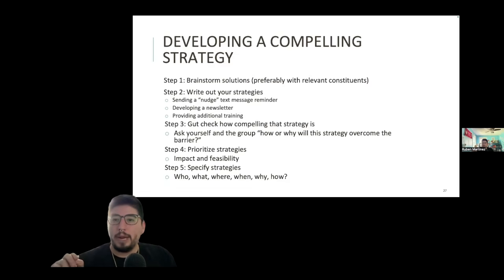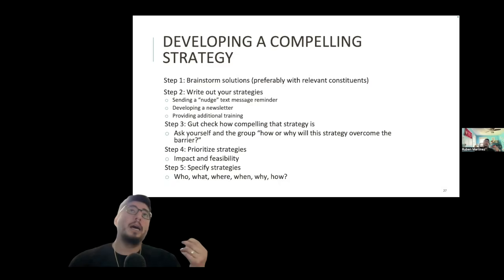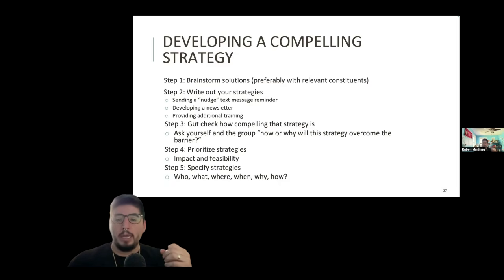doing that strategy. So as an example, if we did have something like an attitudinal barrier, right? And one of the suggestions is, well, what I think we should do is have a group meeting about this, and as supervisors, we should tell them how much we want them to do it. You would ask, how or why is that going to overcome that barrier?